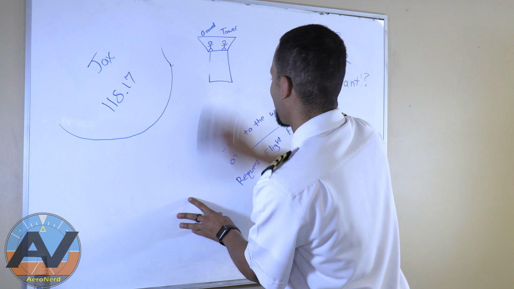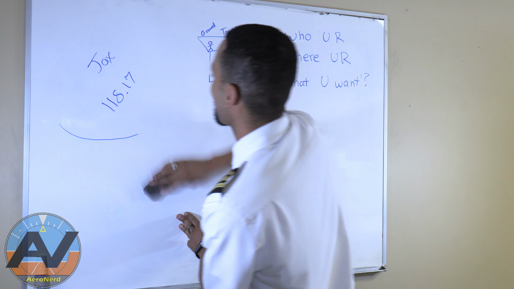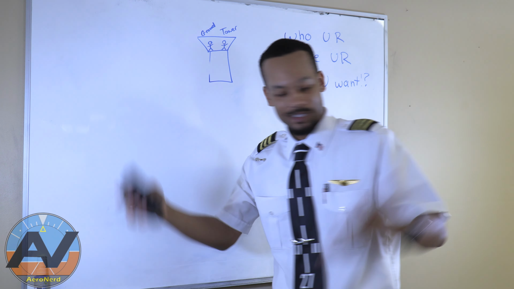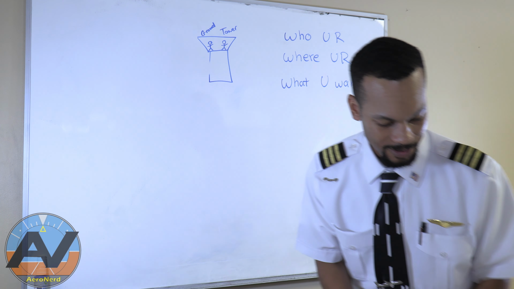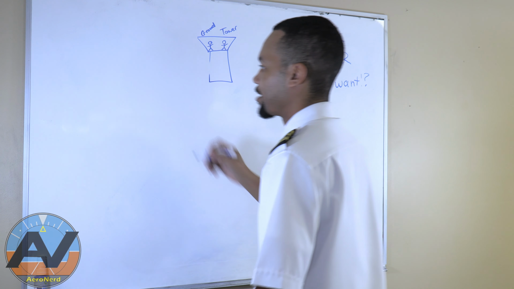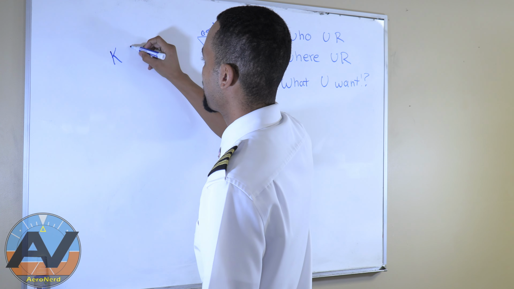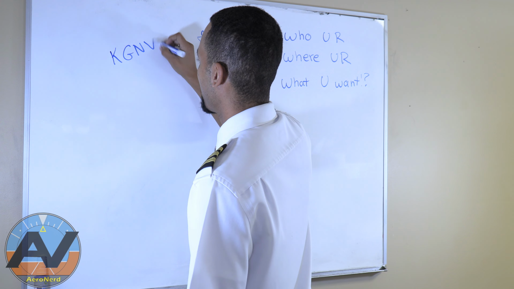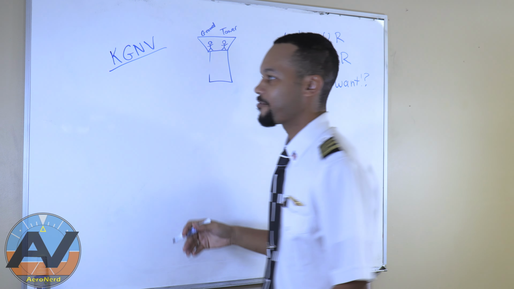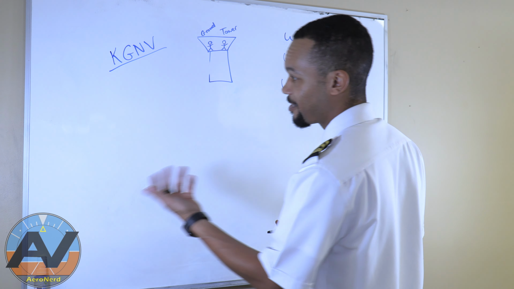So let's say we're going to Gainesville today. Gainesville identifier is K, G, V. Every airport will have its own unique identifier.